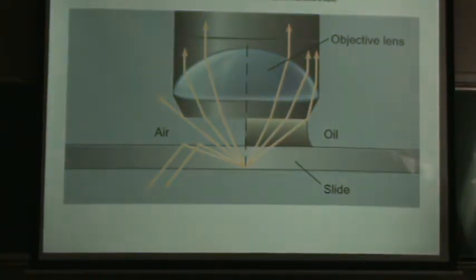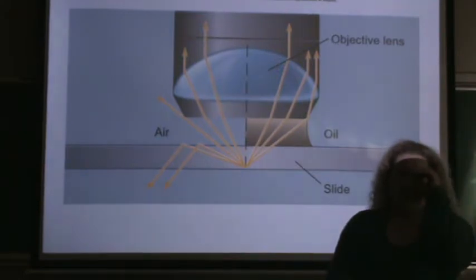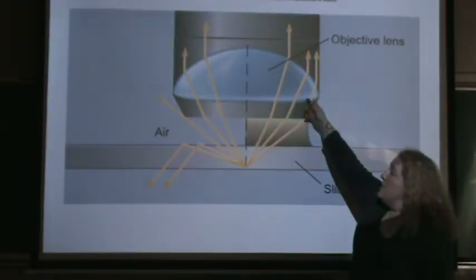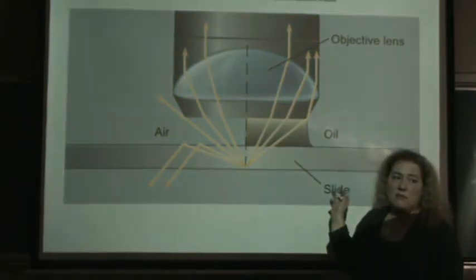Another thing that we can do to push the limits of our light microscopes, like we're pushing the limits of how small can we see with those. We use short wavelength lights, we use compound lenses, ocular and objective, and we also use oil between the lens and the slide to trap the light and keep it from scattering.